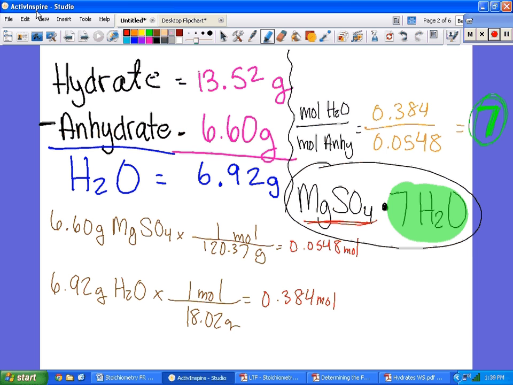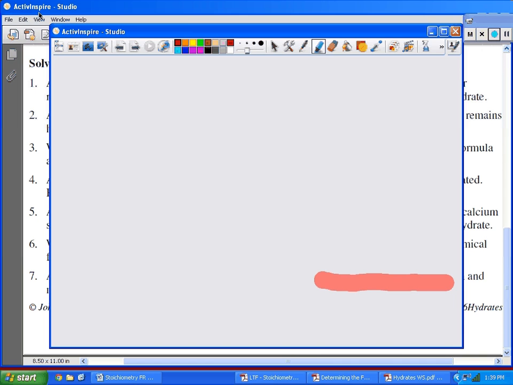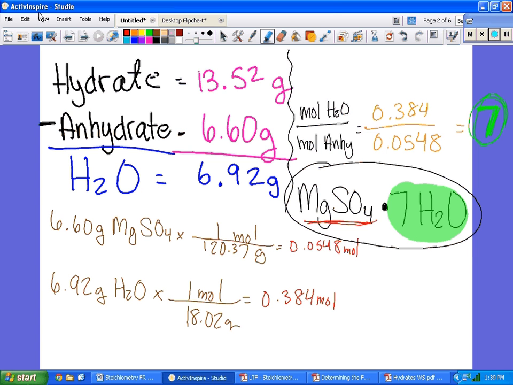So when you subtract, find the chemical formula and the name of this hydrate, it's the exact same process. You just subtract, but this time you're going to get the anhydrate, and then what do you do once you get the mass? Go grams to moles, and then you divide the mole of the water by the mole of the anhydrate. Everything else stays the same. Okay, so go ahead.